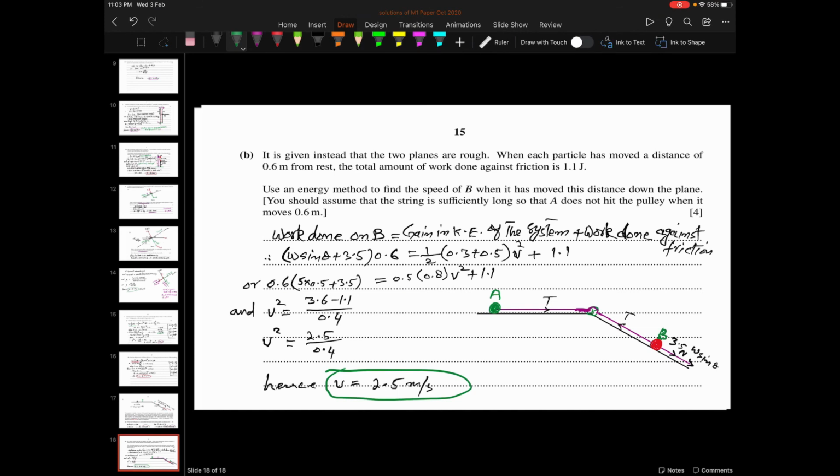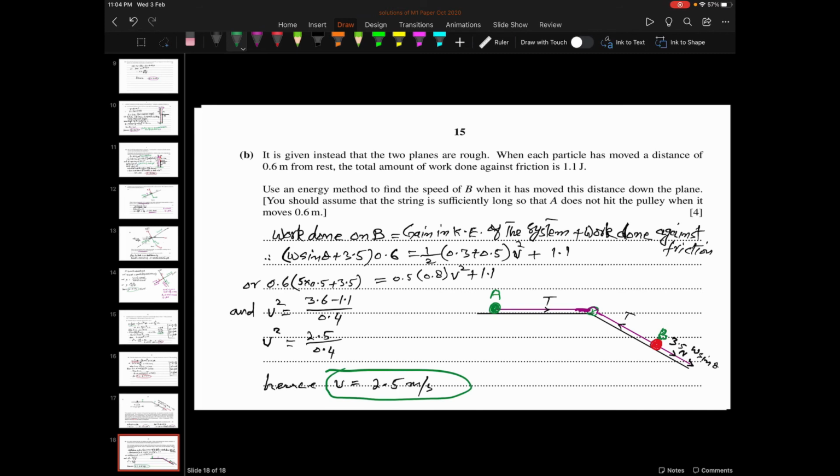Now we are using energy method to find the value of V. The equation for energy method is work done on B is equal to gain in kinetic energy of the system plus work done against friction.